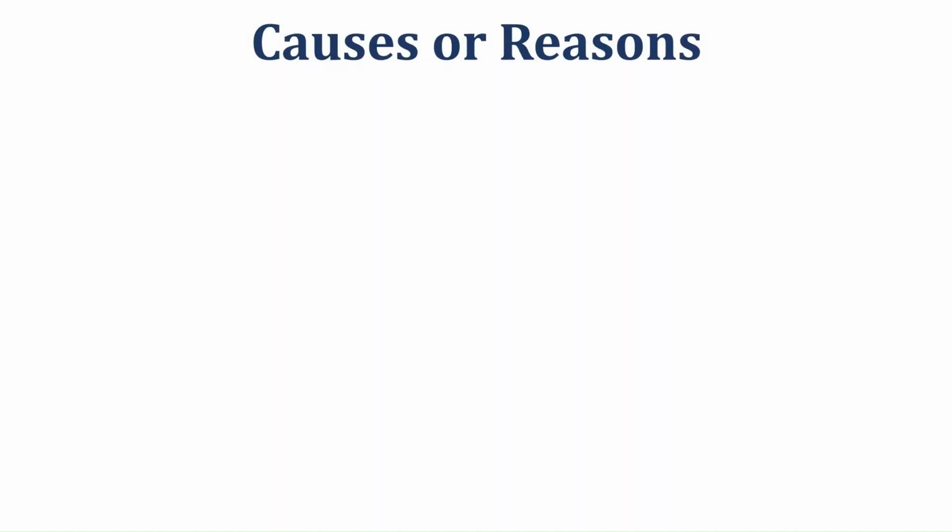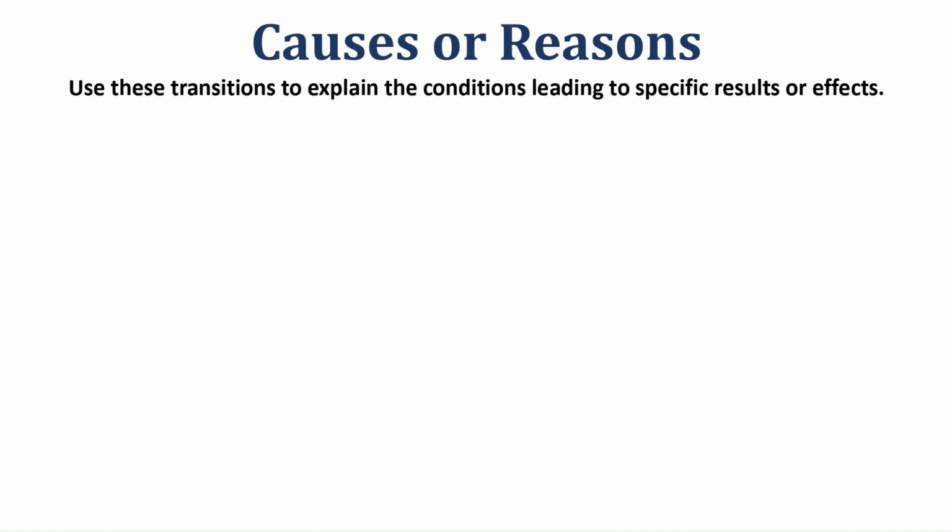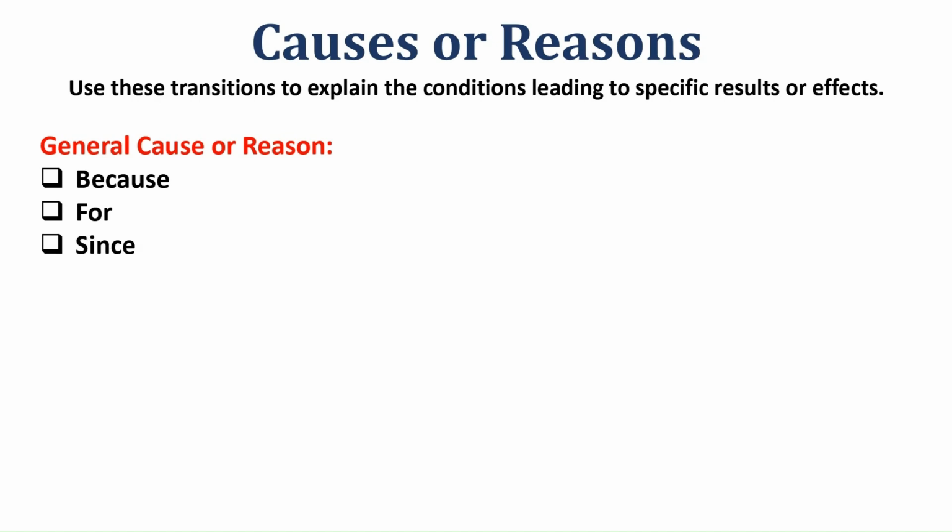Causes or reasons. Use these transitions to explain the conditions leading to specific results or effects. General cause or reason: because, for, since.